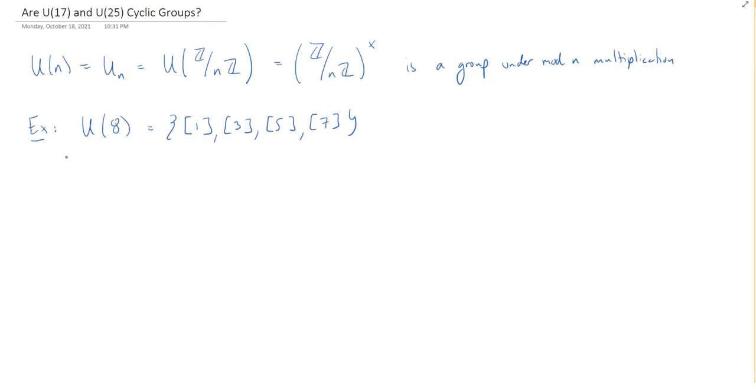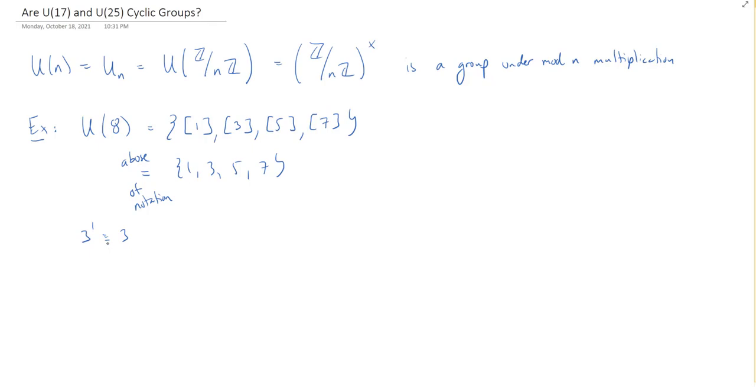What if we took 3? And actually, this is again an abuse of notation. We're just going to write this as 1, 3, 5, 7, knowing all the time we're treating these as representatives of equivalence classes. So let's look at 3. If I take 3 to the first power, I get 3.